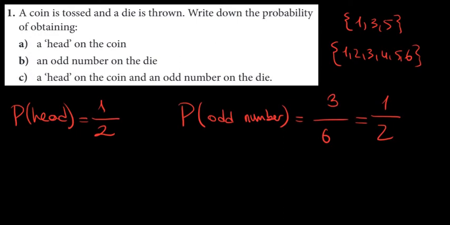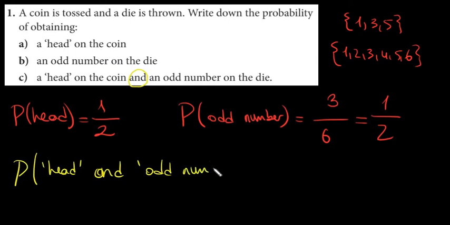Let's look at the last question. Question C. A head on the coin and an odd number. You see this? And. So the probability of getting head and the probability of getting an odd number. These two events are independent events.